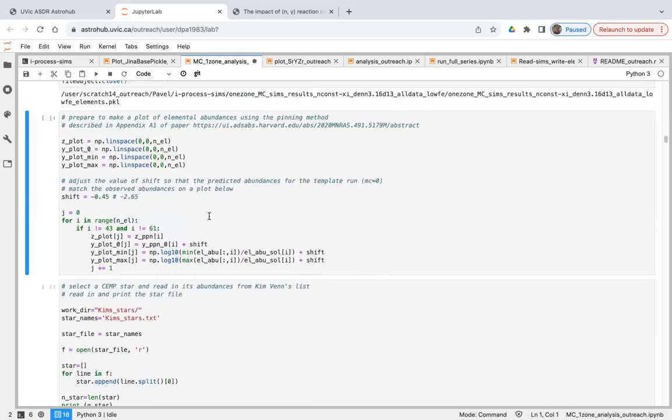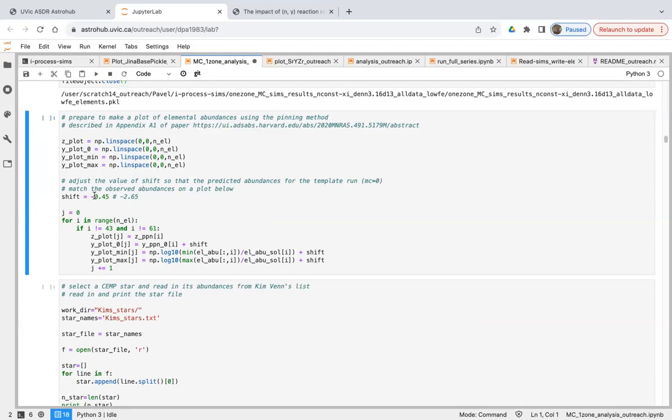Okay. Now I'm prepared to make a plot of elemental abundances using the pinning method, which is described in the appendix to this paper, so please read also the comments in the cells. Here there is a parameter shift, which will shift the predicted abundance distribution relative to the observed abundance distribution.